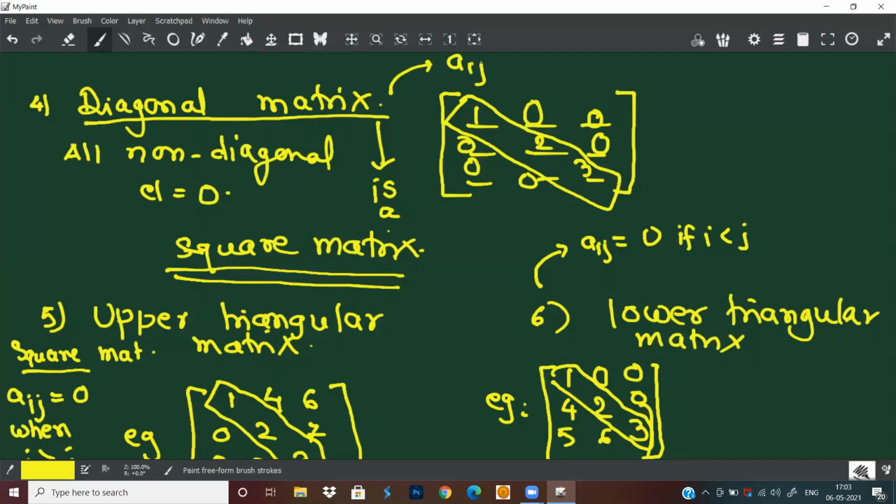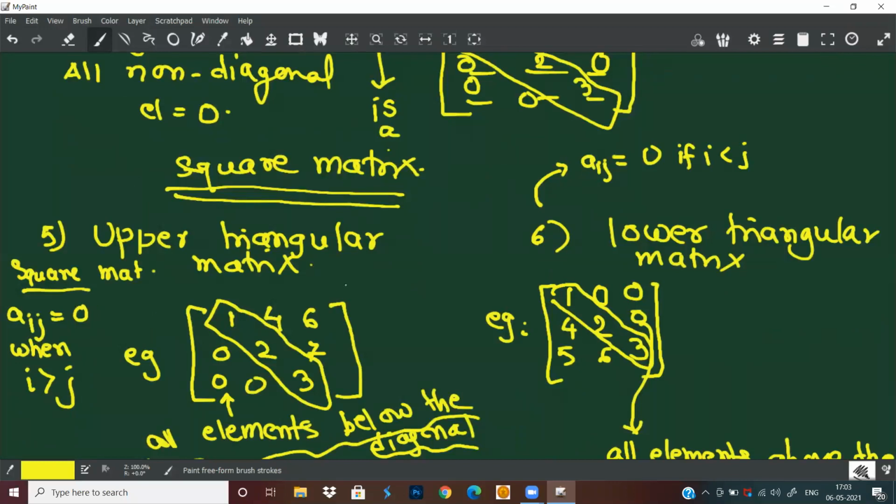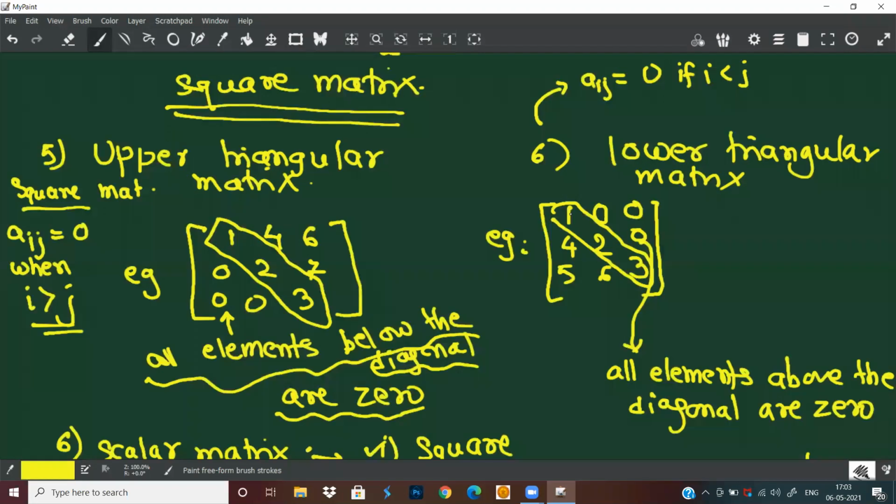All Aij are 0 when i is not equal to j. Yes, ये मैंने लिखा ना, ये देखो. अपर ट्राइंगुलर के लिए i greater than j, लोअर ट्राइंगुलर के लिए i less than j, and diagonal matrix के लिए i is not equal to j. Because in MCQs you may need this mathematical language, so giving you, right?